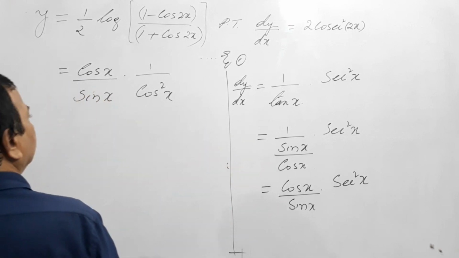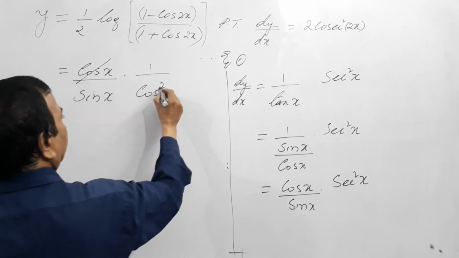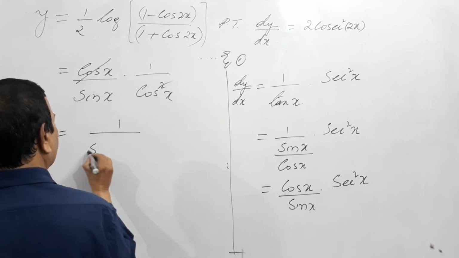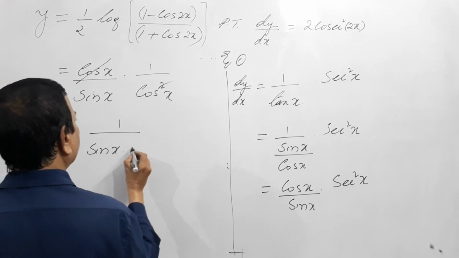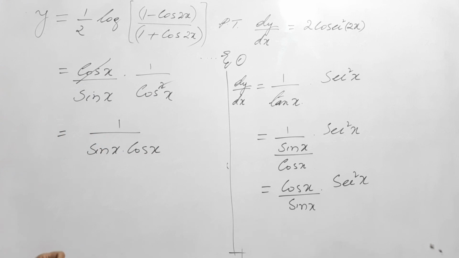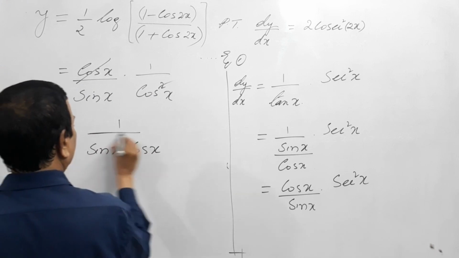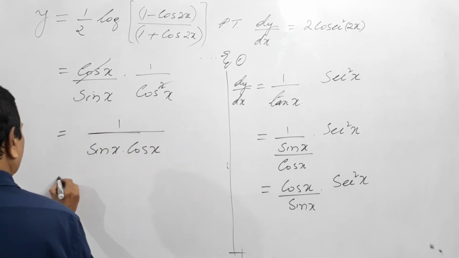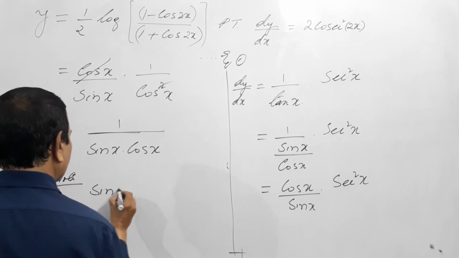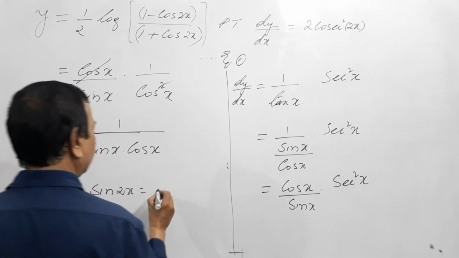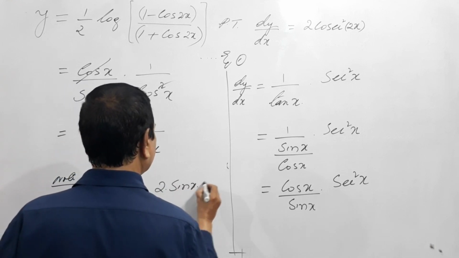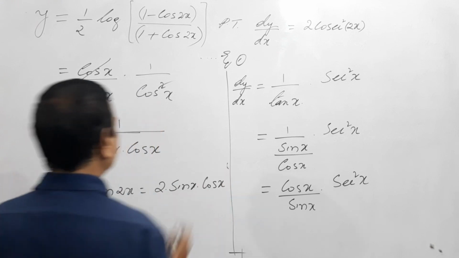So what happens here? Cos x and cos square x, we are left with 1 by sin x into cos x. Note, sin 2x equals 2 sin x into cos x.